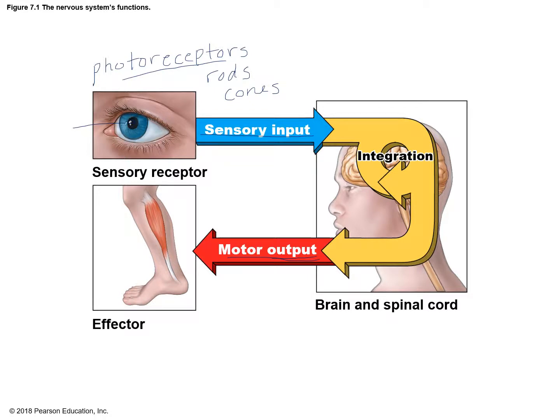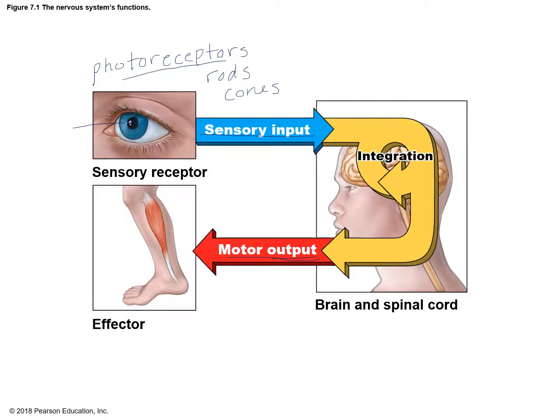So in the case of this example, this is a skeletal muscle, of course. This is under voluntary control. So if we're responding to something that we're seeing, making a conscious decision about it, and going away from or towards whatever we're seeing via our skeletal muscles, that would be an example.